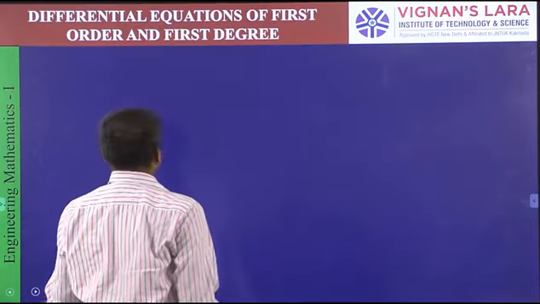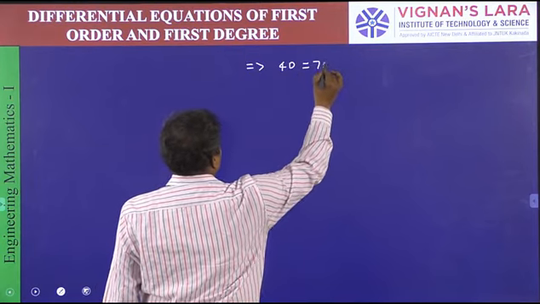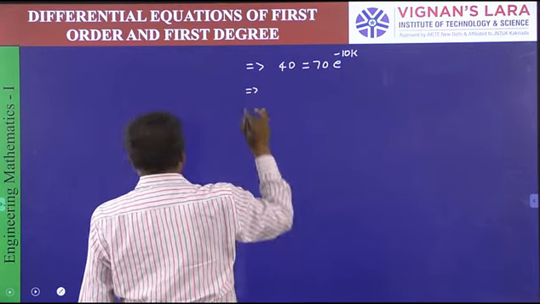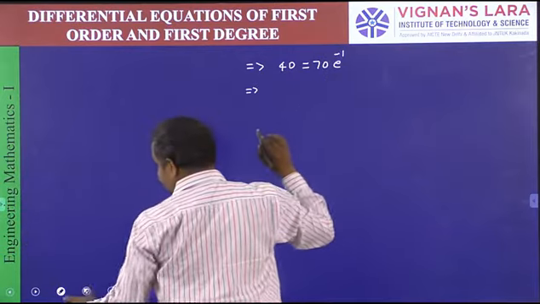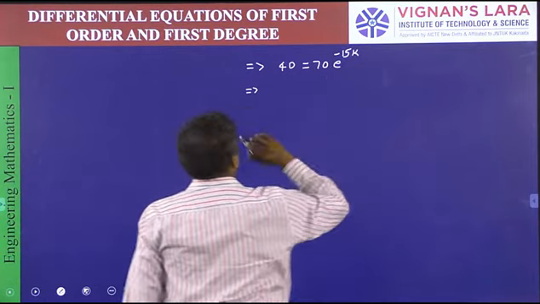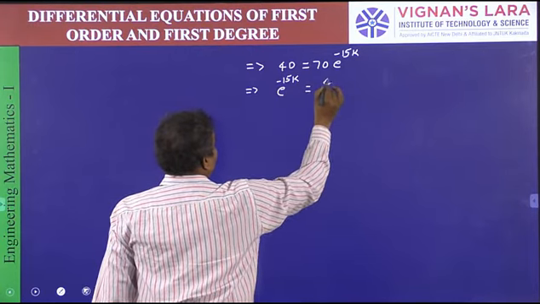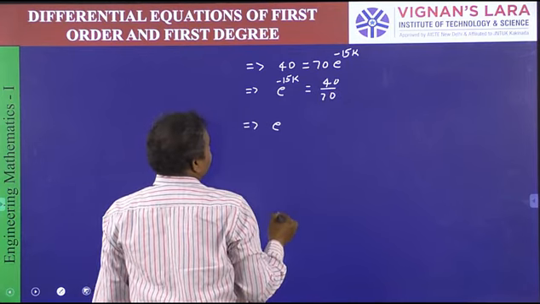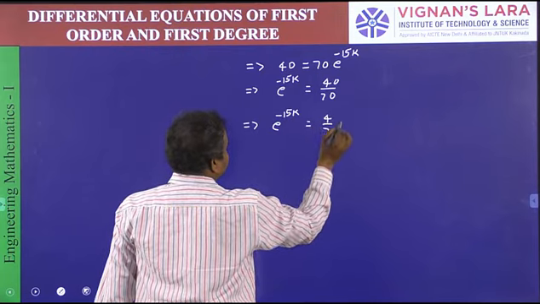So 40 is equal to 70 into e power minus 15k. That implies e power minus 15k is equal to 40 by 70, which is 4 by 7.